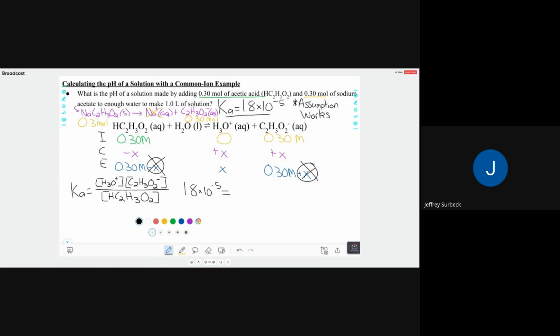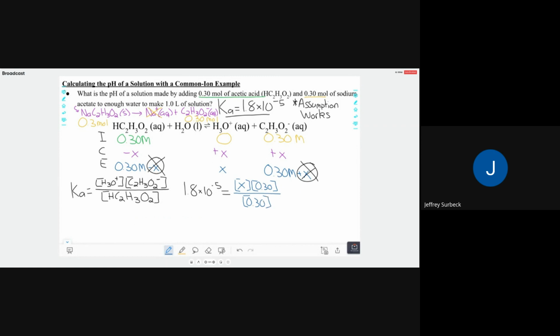And so here we go at our equilibrium. So at equilibrium, we're going to have x times, since we got rid of the plus x, 0.30, all divided by, again, we got rid of the minus x, the concentration there of 0.30.